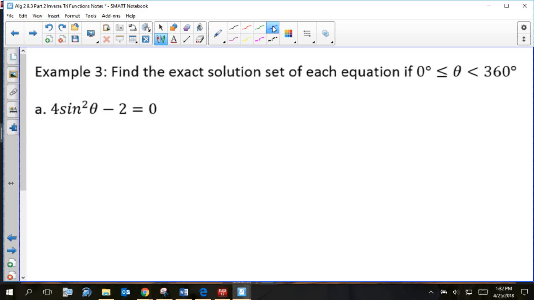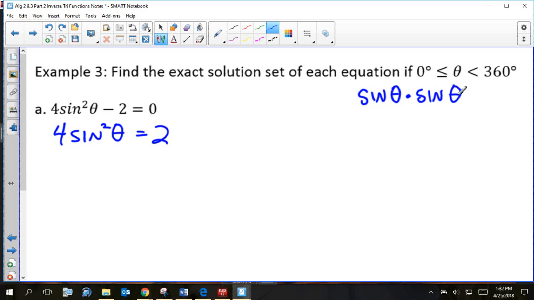Okay, I need to solve for sine theta. What should I do first? Add the 2. Oh, there's a little trick here we haven't even talked about. I'm going to go up to the side and talk about it real fast. If I multiply sine theta times sine theta, this is the sine at an angle multiplied by the sine at the same angle.